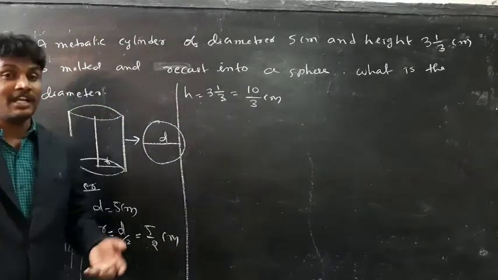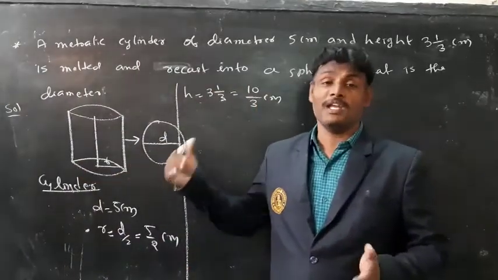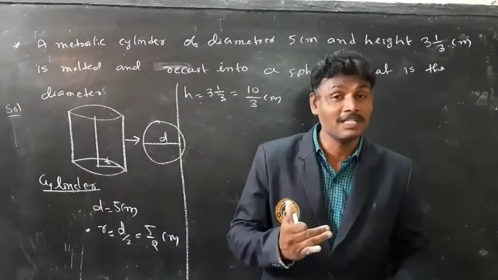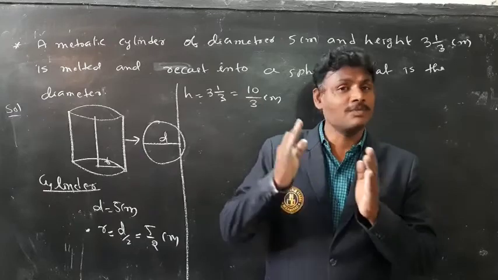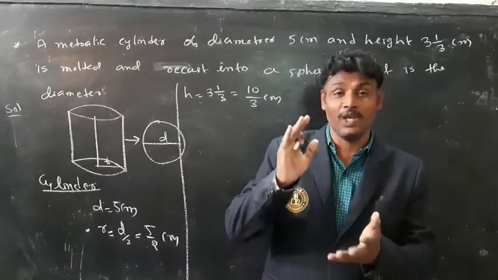In conversion, from cylinder to sphere, the shape was changed, but the volumes remain the same. So before changing and after changing, volume remains the same.